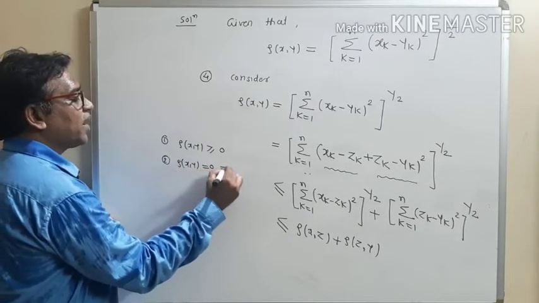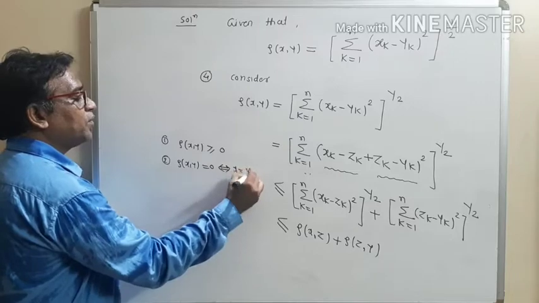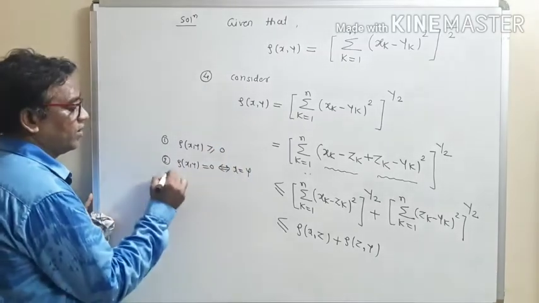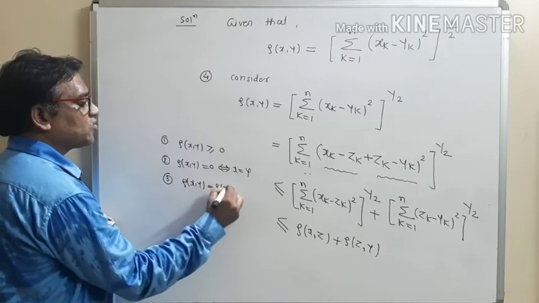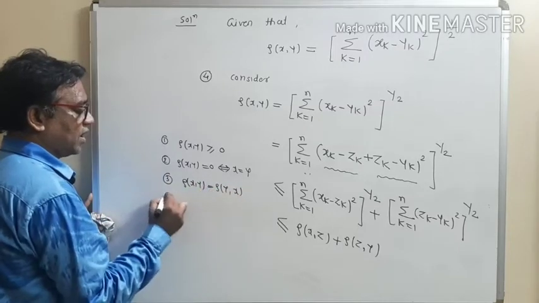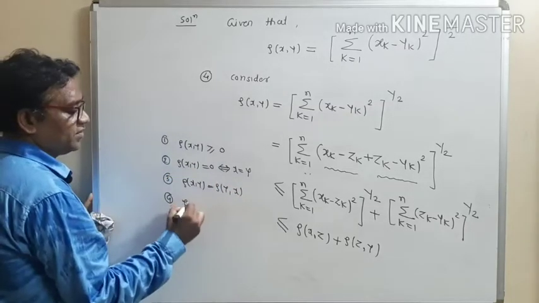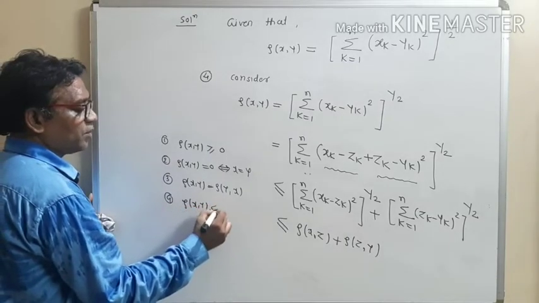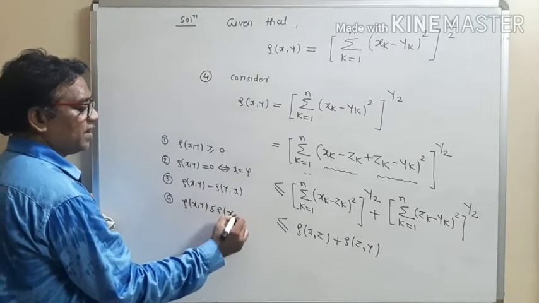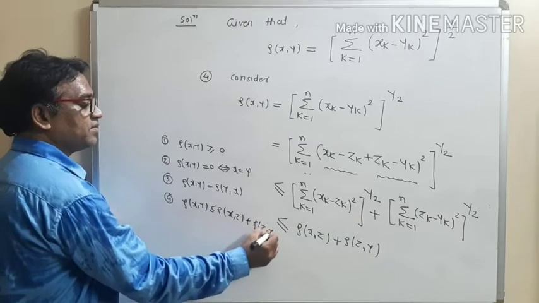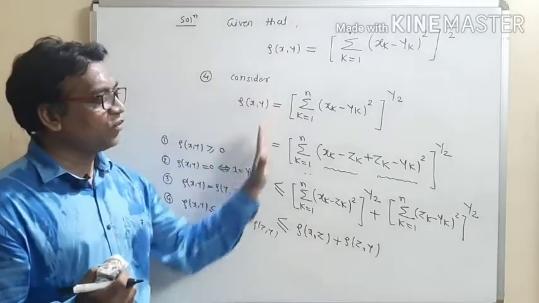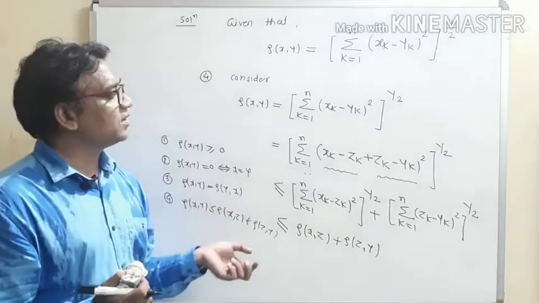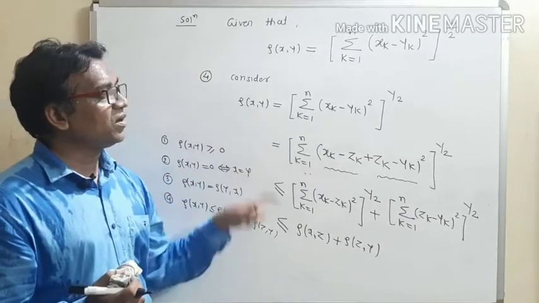Distance of xy is equal to 0 if and only if x equals y. What is the third condition? Show that distance of xy is equal to distance of yx. And the fourth condition is the triangle inequality property: distance between xz plus distance between zy. So obviously this rho satisfies all the 4 conditions of a metric, so we can say that this rho is a metric on Rn.